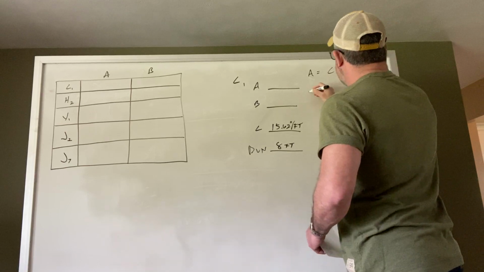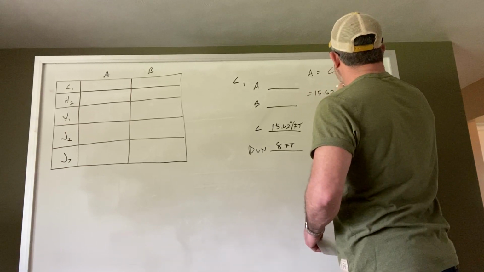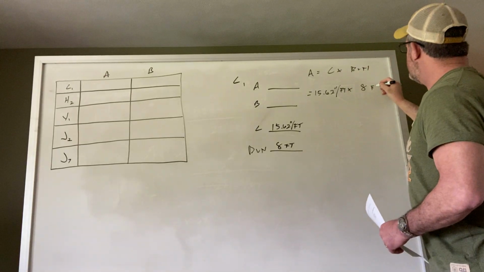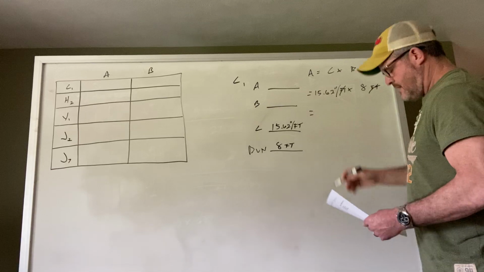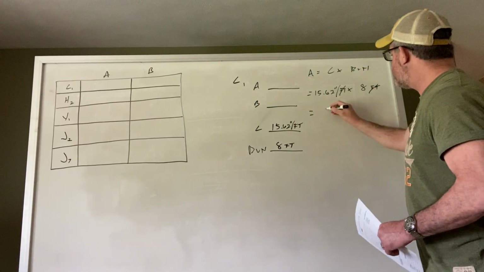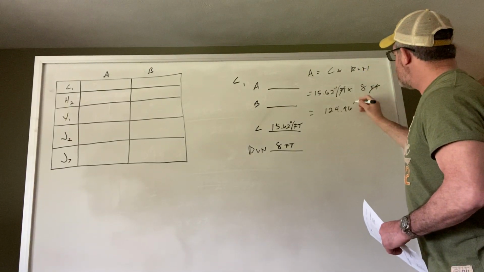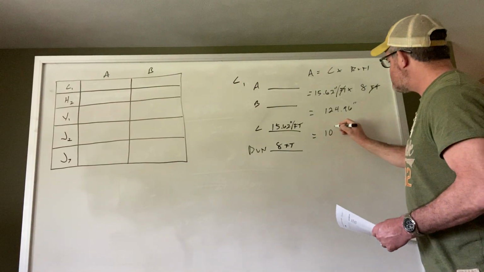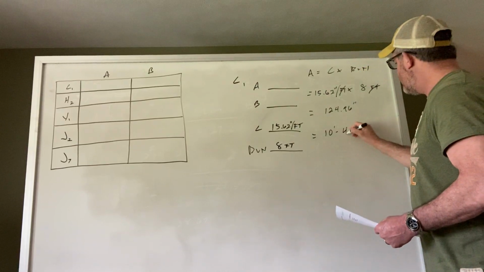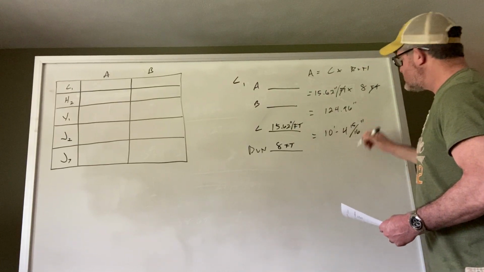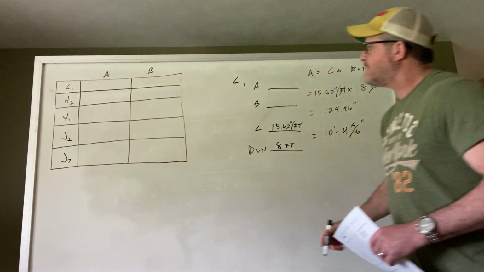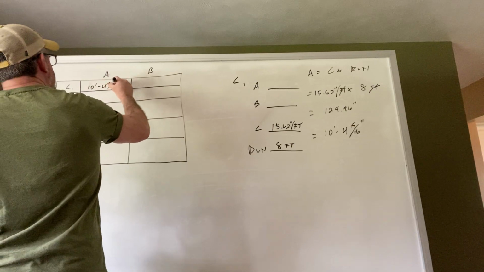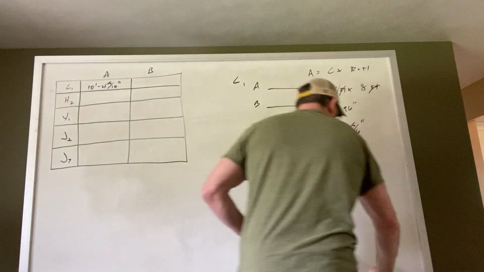So A equals C times run, that equals 15.62 inches per foot, times my 8 foot, my feet cancel, and I get 124.96 inches for my A, and I convert that to feet and inches, that is 10 foot, 4 and 15/16 inches. So that's going to go right here, 10'4" and 15/16 inches. Now I solve for my B.